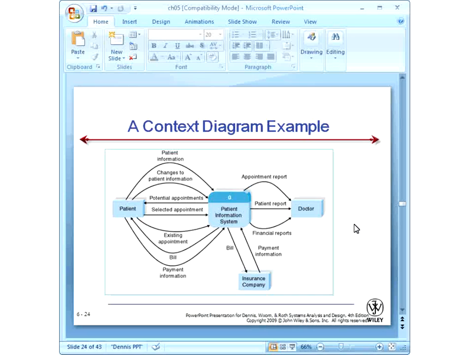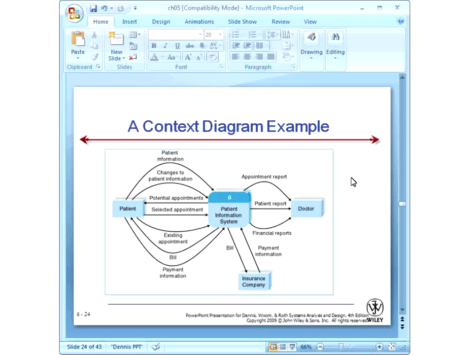Okay, so this is the context diagram, like the first data flow diagram of your system.